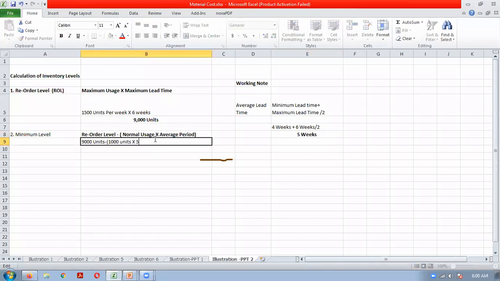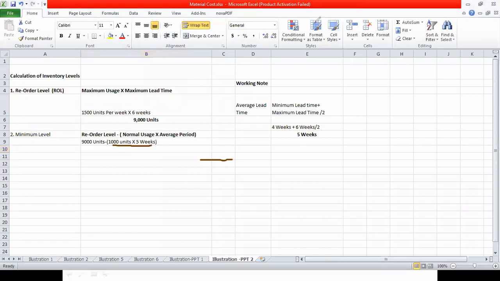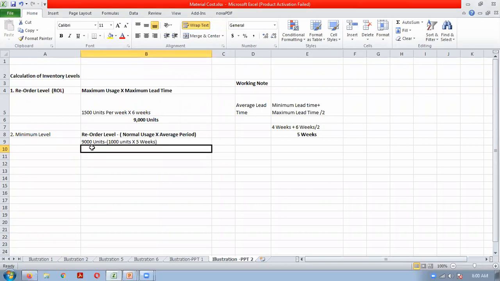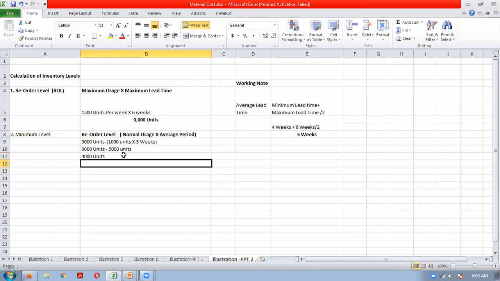We have calculated 5 weeks now. So now you can calculate. First you solve this bracket, then reduce it from 9,000. So you will get 9,000 units minus 5,000 units. So your minimum level should be 4,000 units. Always you should keep a minimum of 4,000 units in your business.